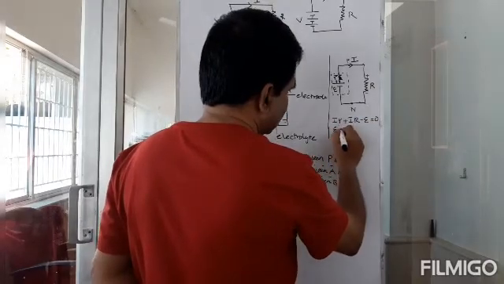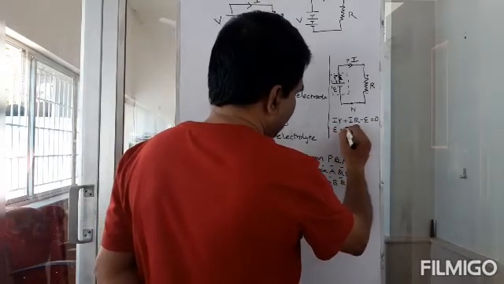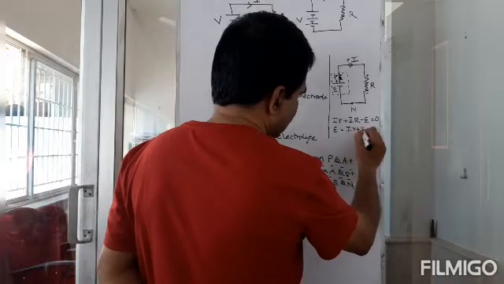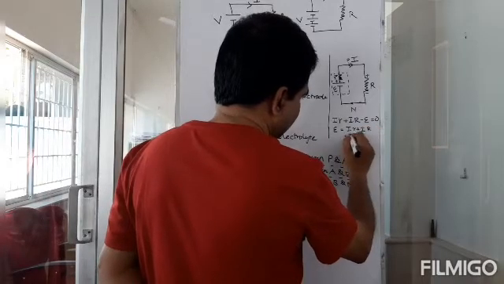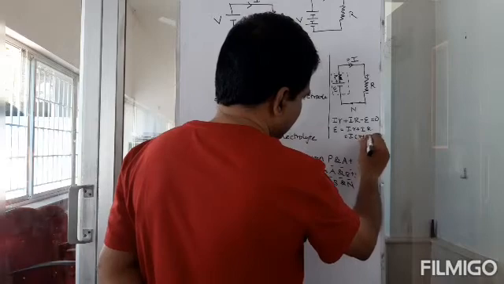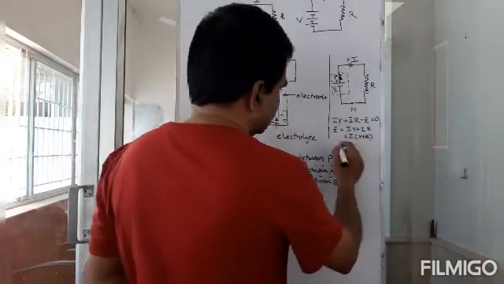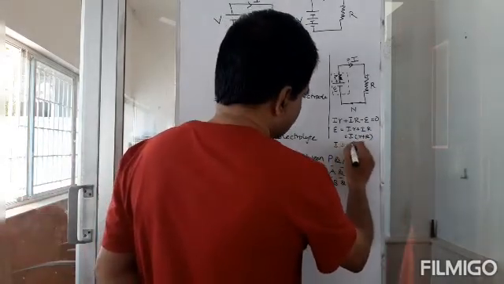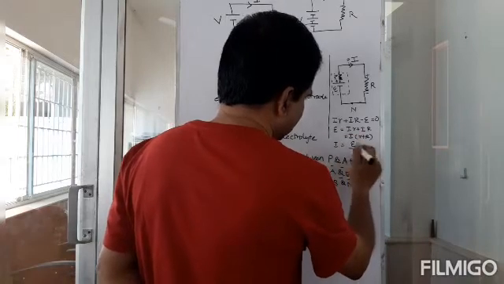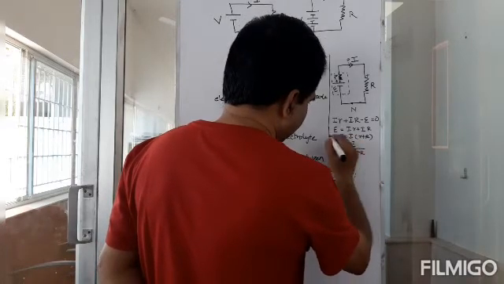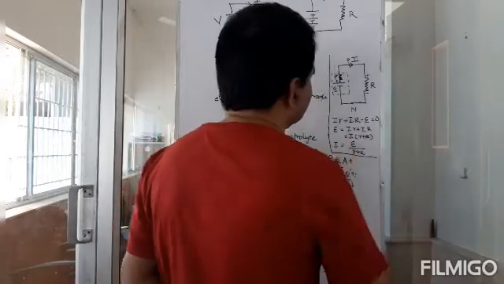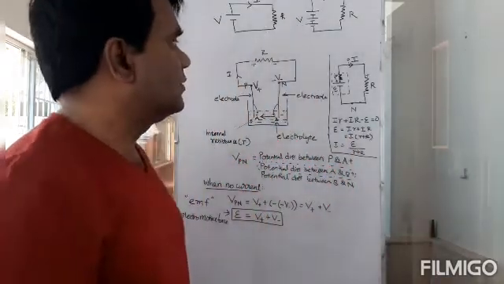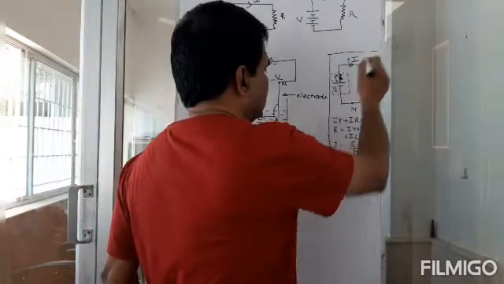So E is equal to Ir plus IR, so that becomes I into (R plus r). So I here is equal to EMF by (R plus r). So this is the current.